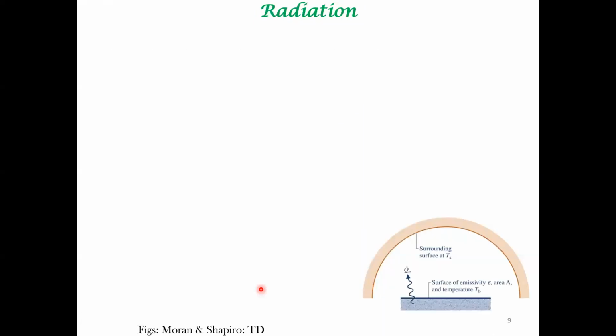So there is this third mode of heat transfer called radiation. As I said, radiation can occur even without a material medium. So here, this is at a higher temperature, and this medium is characterized by certain quantities called emissivity. We'll elaborate this slightly in the next minute.